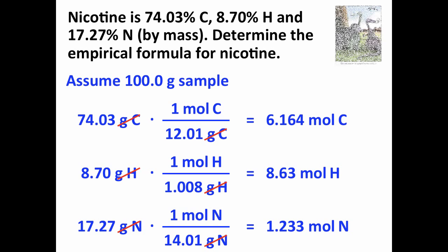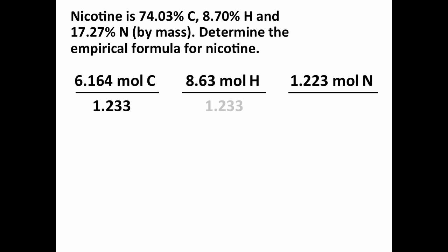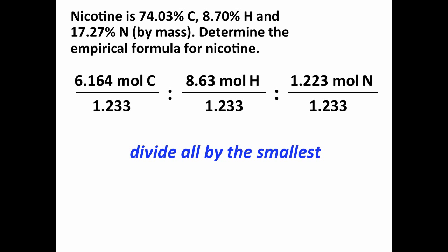And the way we deal with this is if we have more than 2 compounds, in this case 3, let's take the moles of each one. And usually the best thing to do is to divide all of the moles by the same number, which means the ratio stays the same. And it's most convenient usually to divide by the smallest number of moles, in this case 1.233.